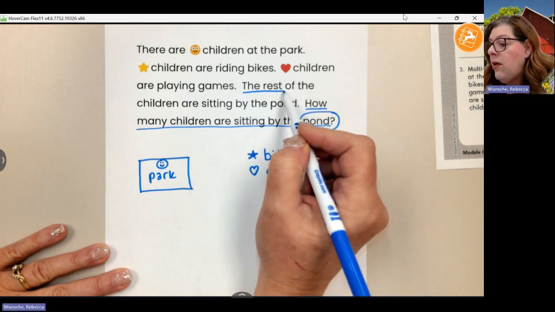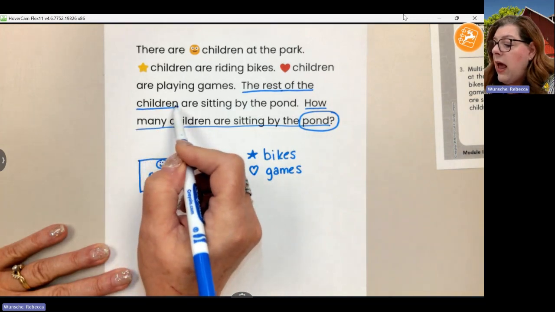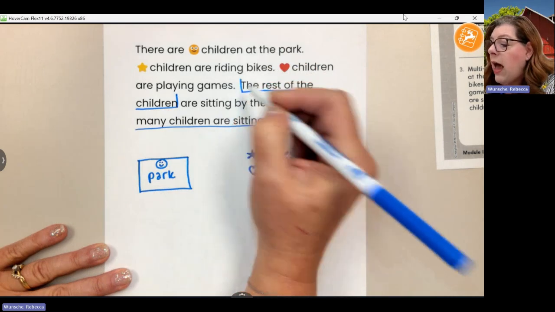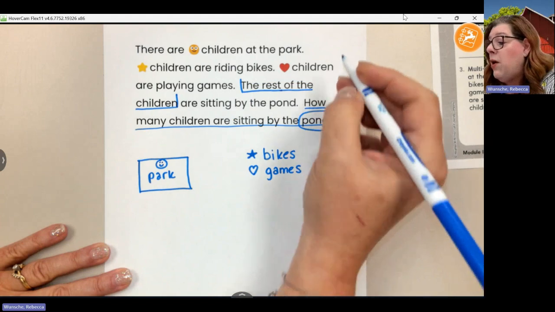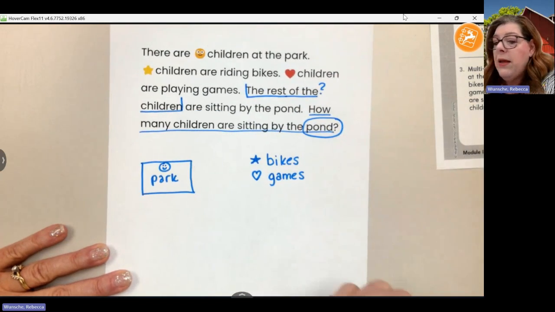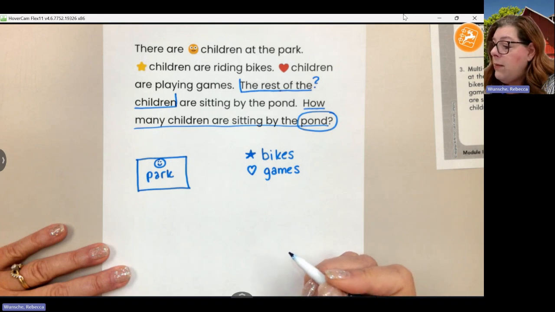The rest of the children. So when we look at the rest of the children, I don't know exactly what that means. I don't know how many there are. And because it's something I don't know, I'm going to put myself a question mark there because I don't know the rest of the children. It didn't give me any clue how many that could be.